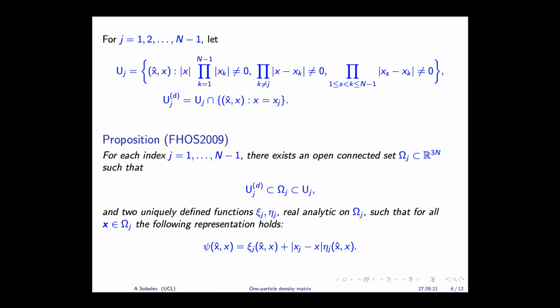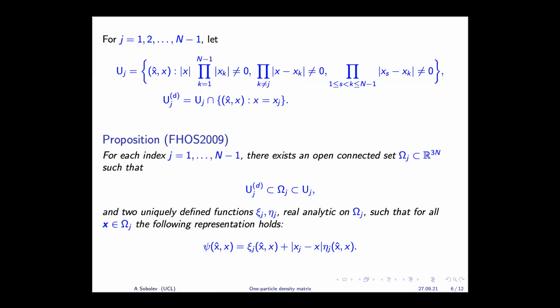There exists a set omega j, an open connected set, which contains the diagonal but is itself contained in the bigger set Uj. On this set, we can describe the eigenfunction in the following way. That is the representation for the eigenfunction on this set. What is important is that two particles are allowed to touch each other, and only two particles. The other particles are separated.